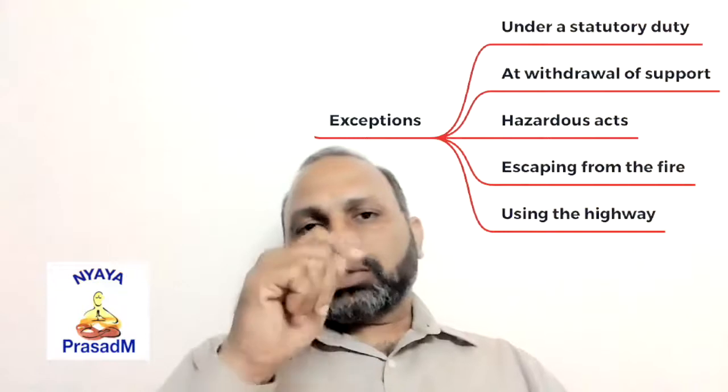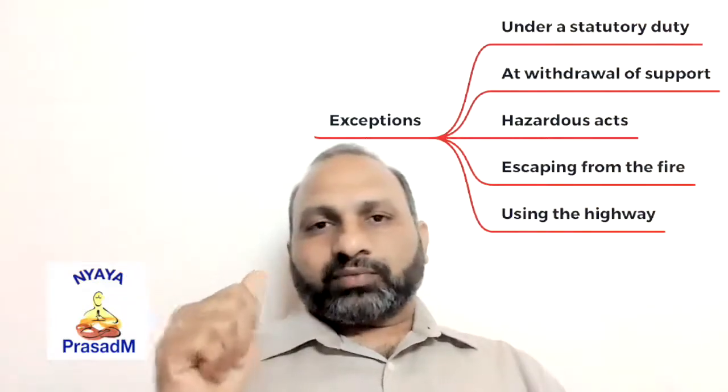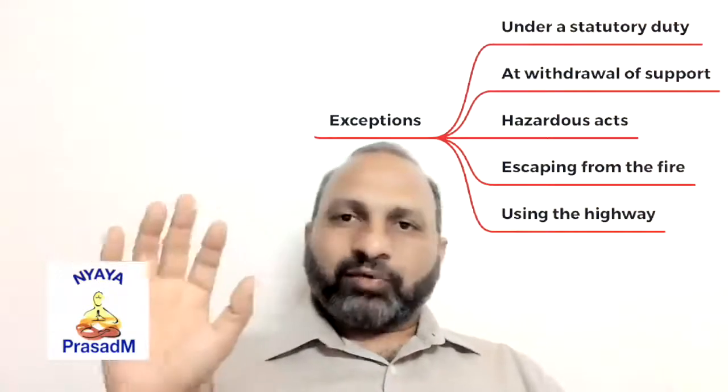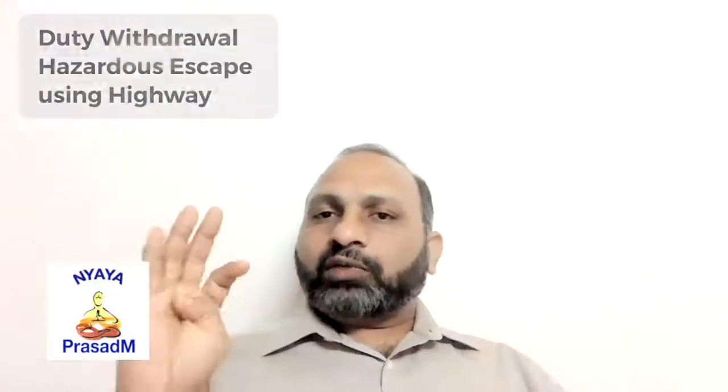With all these, the 5 key points can be remembered very easily with another sentence: the liability is exempted when duty withdrawal hazardous escape using highway. So remember there is some person, let's say his name is Vikar.